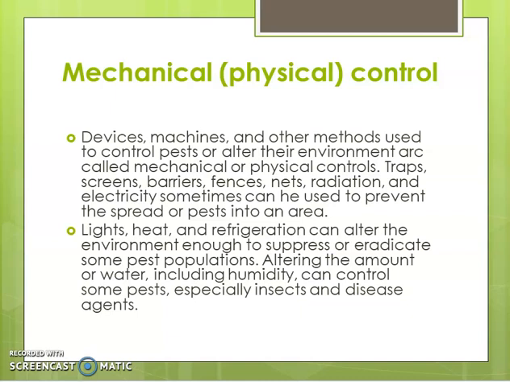Light, heat and refrigeration can alter the environment enough to suppress or even eradicate some pest populations, altering the amount of water, including humidity. So a greenhouse condition here would have been ideal to do that. Can control some pests, especially insect and disease agents.